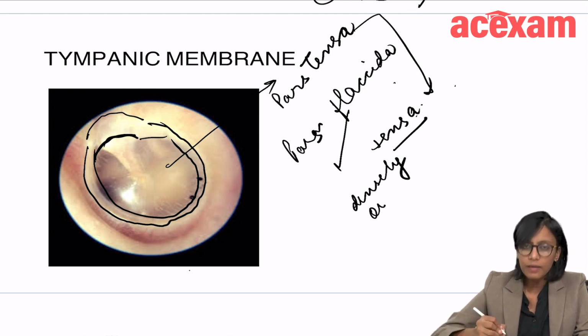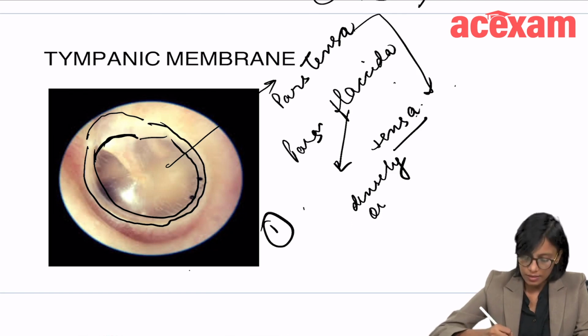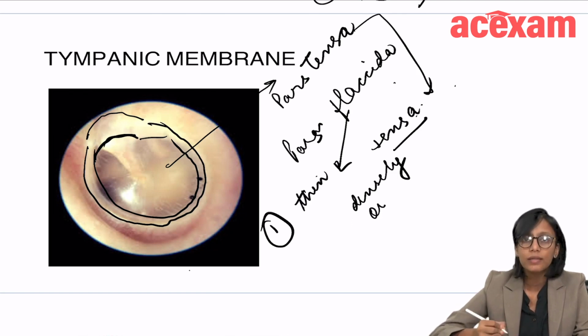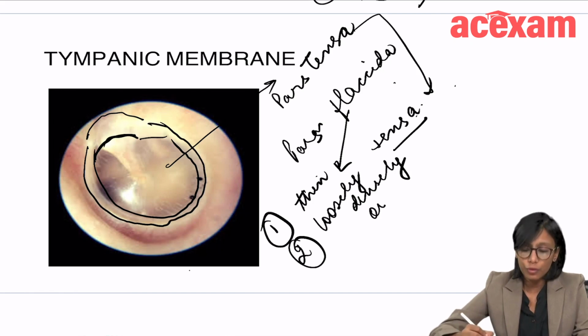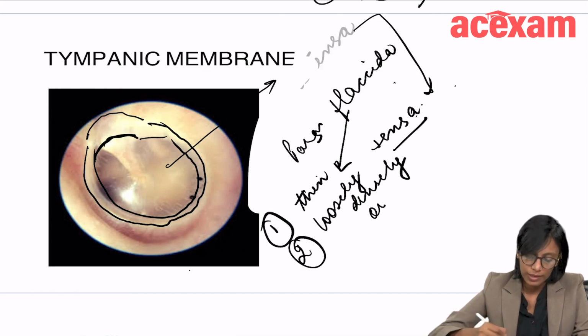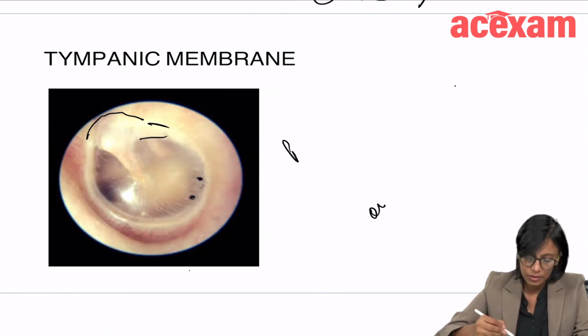But in the flaccida, there are two reasons. Firstly, the middle layer is thinner here. Secondly, the fibers are loosely organized. Therefore, this tympanic membrane is flaccid.